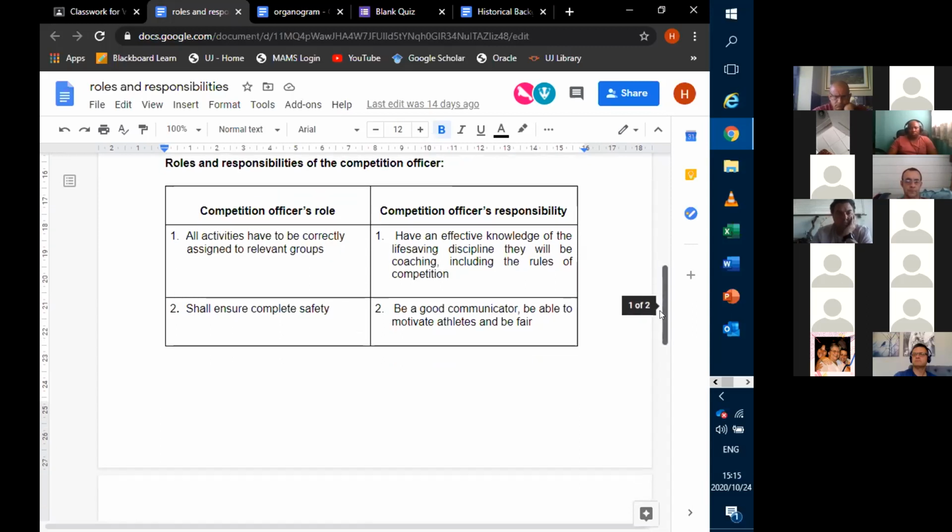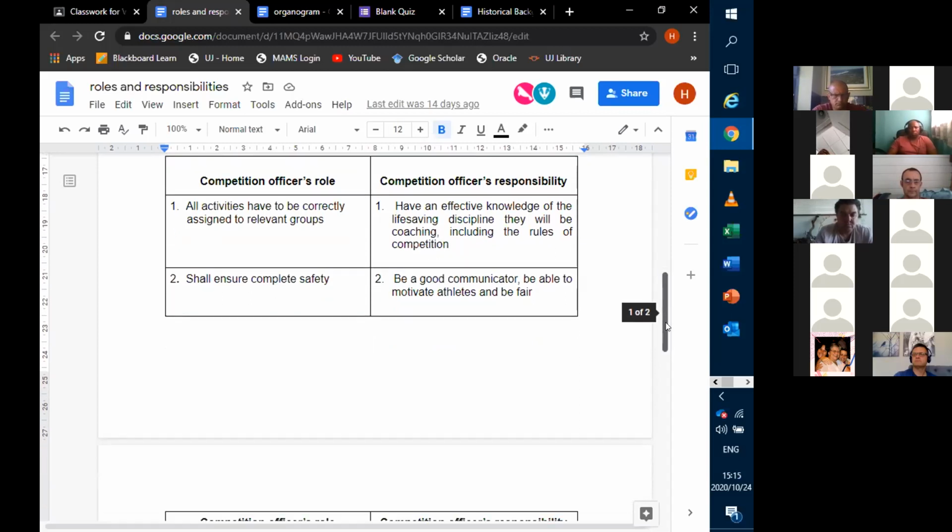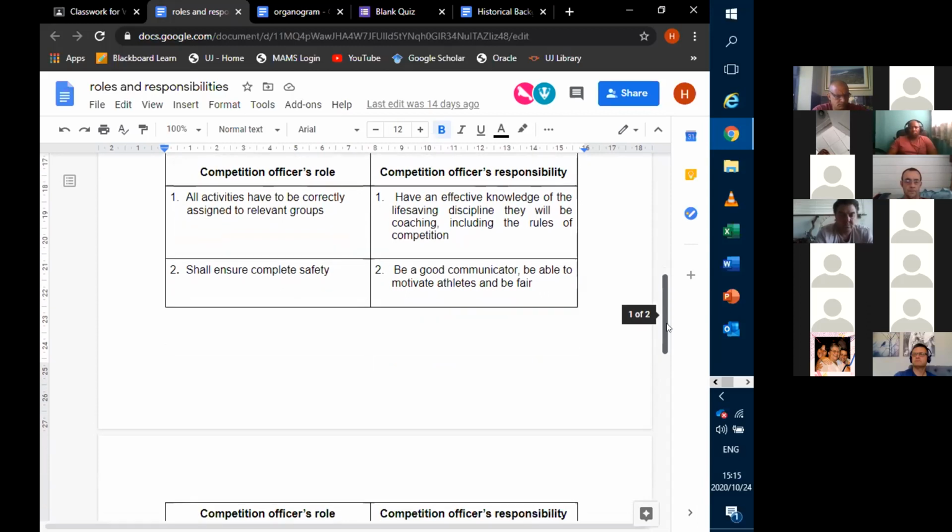That is so important because the competition officer takes all the flack during the competition. The competition officer shall ensure complete safety, must be a good communicator, must be able to motivate athletes and be fair, and must have a lot of patience. Okay, Heather, scroll up.